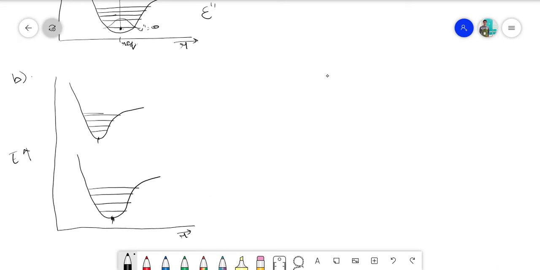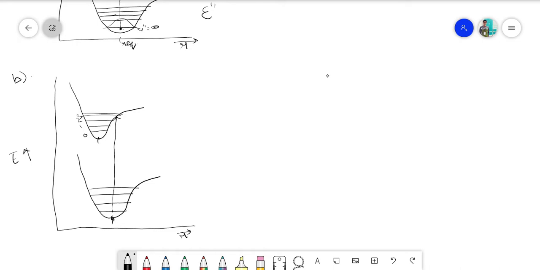If that's true, this is your center. From here, the vertical transition is going to happen to, let's say, 0, 1, 2, 3, so to the third excited vibrational state of the first electronically excited state.